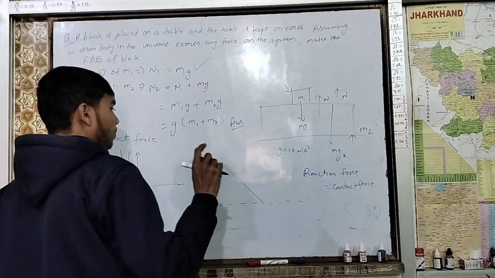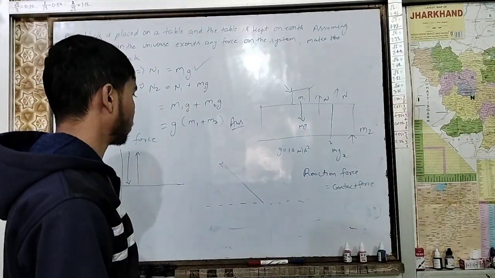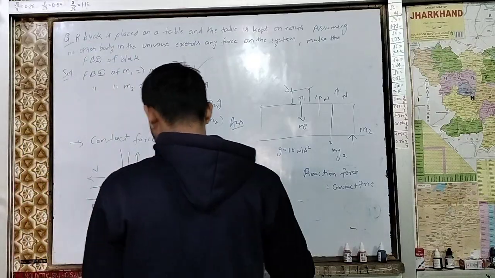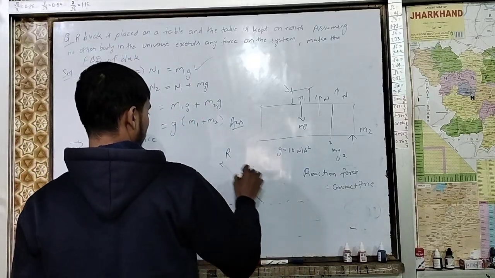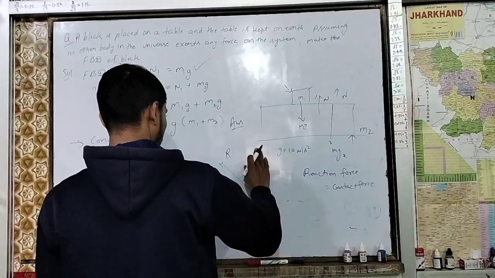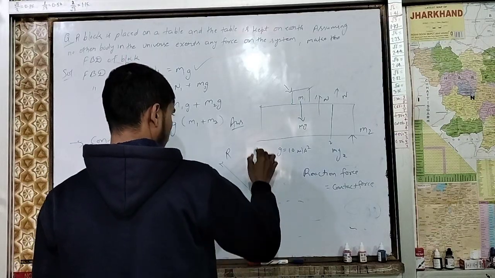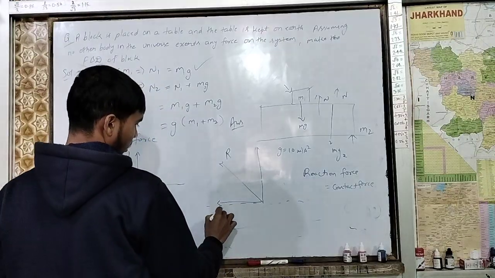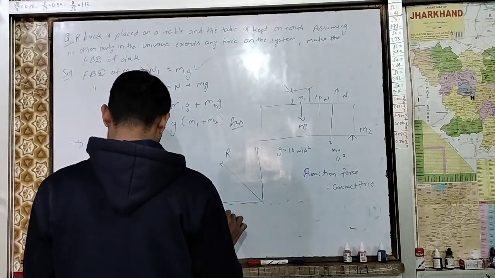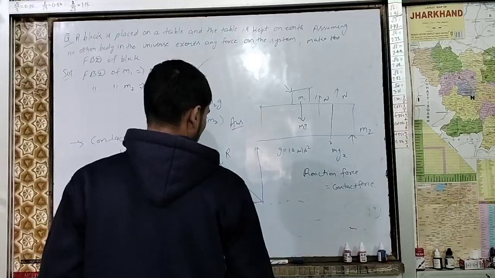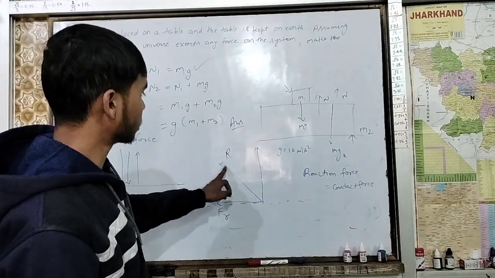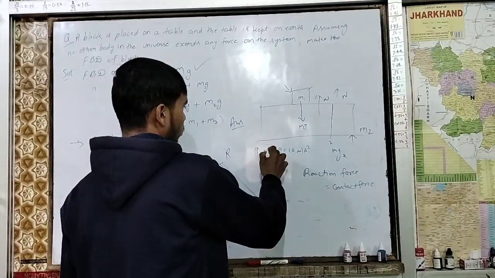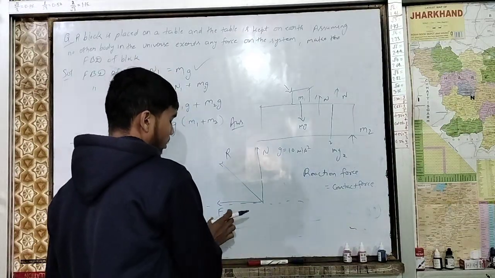In that case, we will break it into components. So normal force will be upward, and F R is our resultant force. So upward force will be normal force, and this is the resultant force.